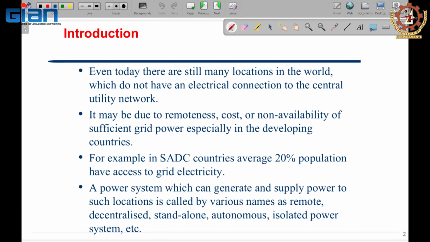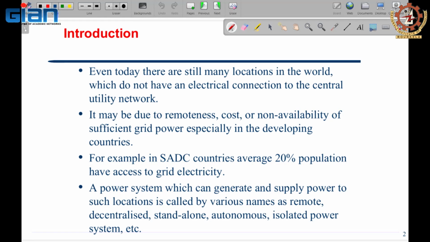The location could be very remote and the community very small. If you have to construct 500 or 200 kilometers of line, and there are only a few houses, it is not economically feasible to have the centralized grid network.